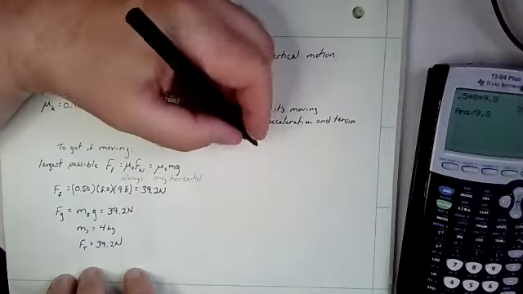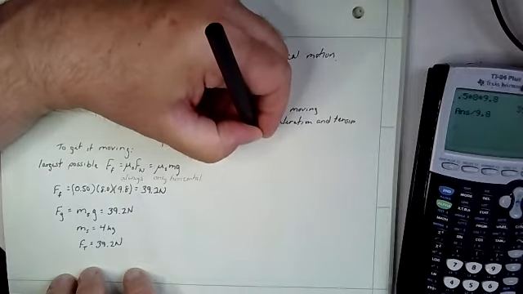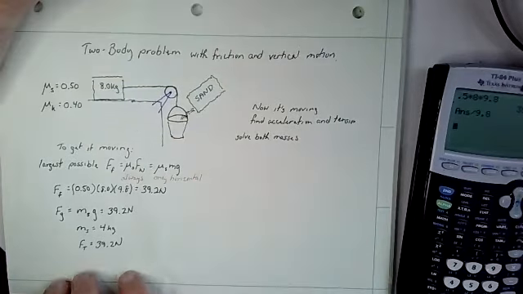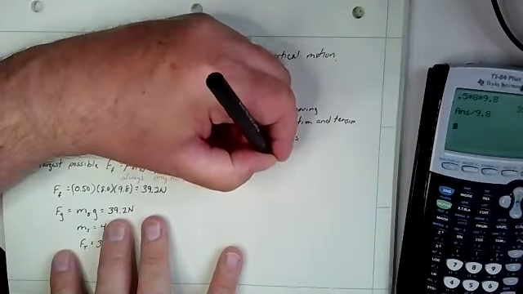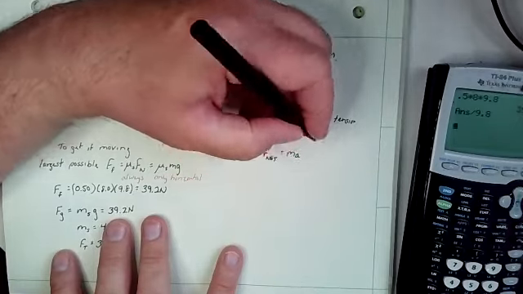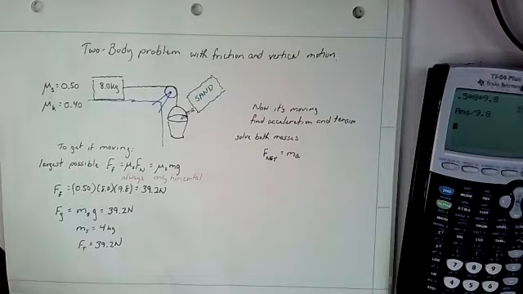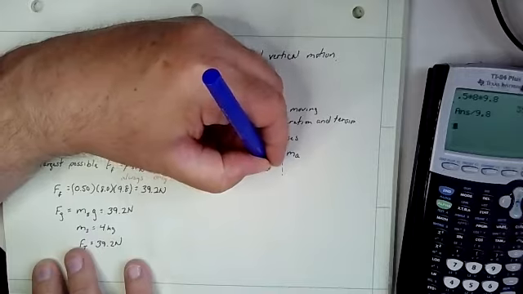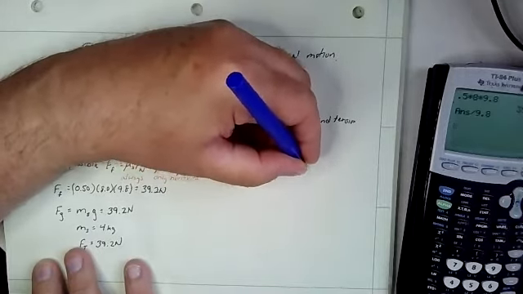It's a two-body problem, so we're going to want to solve the system, and we do F net equals MA. And again, as always, when we take a look at Newton's second law, we're going to put the causes of the motion over on this side and the effect over here.